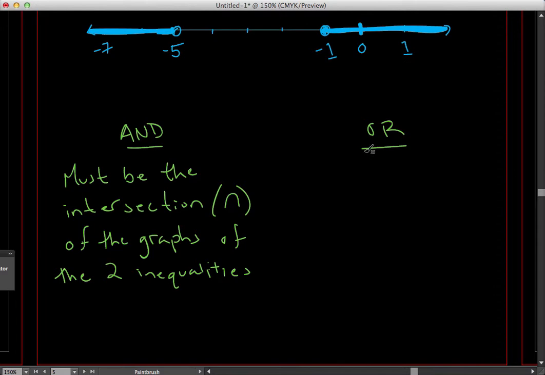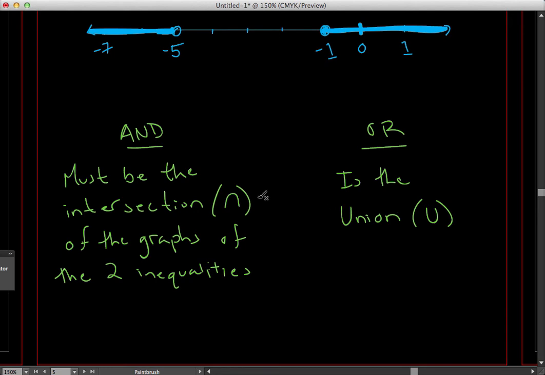And with the or compound inequalities, the graph must be, well, not must be. Let me rephrase that actually. We're going to say the graph is the union, and then an interesting notation for this is actually like that.